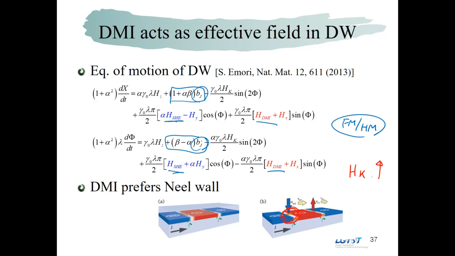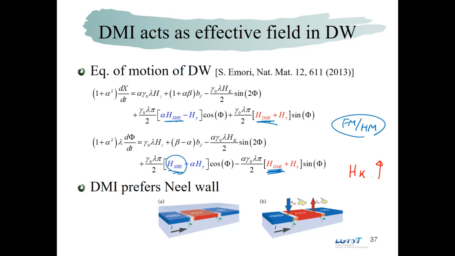As you already saw, spin transfer torque requires very large current density to obtain a certain amount of domain wall velocity. And also DMI makes the domain wall prefer the Néel type. That's the important role of the DMI.